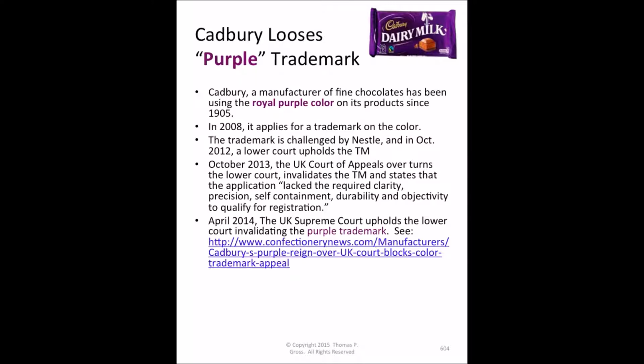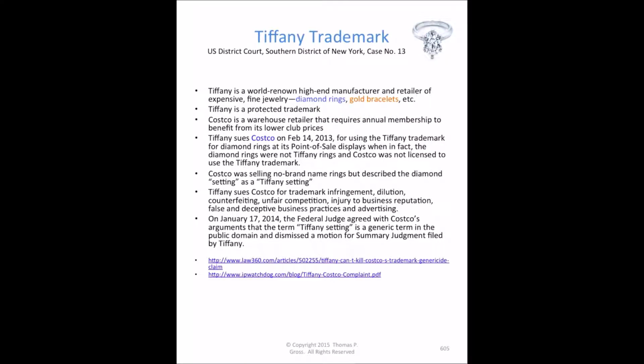But in fact, the UK Court of Appeals overturned a lower court and invalidated the trademark, stating it lacked the required clarity, precision, self-containment, durability, and objectivity to qualify for registration. So in the UK, Cadbury lost their famous purple color as a trademark identifying their chocolate.